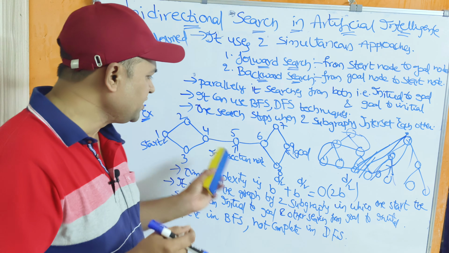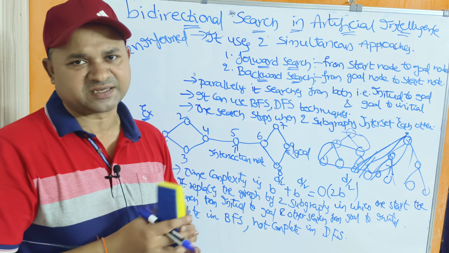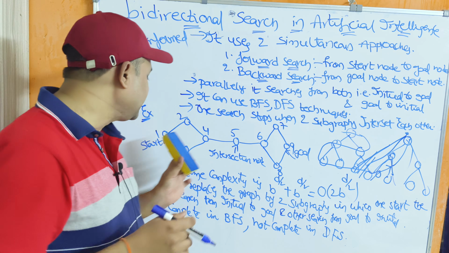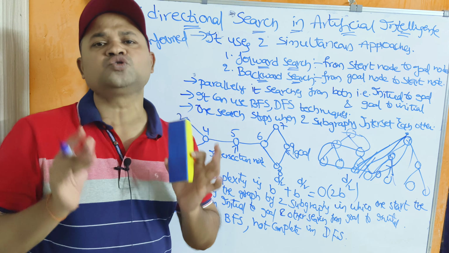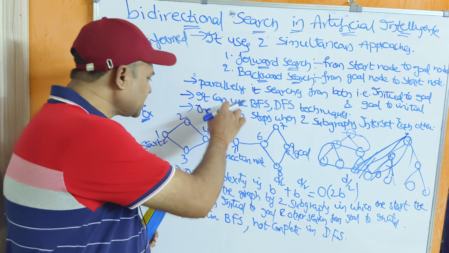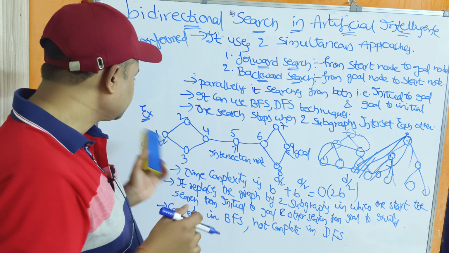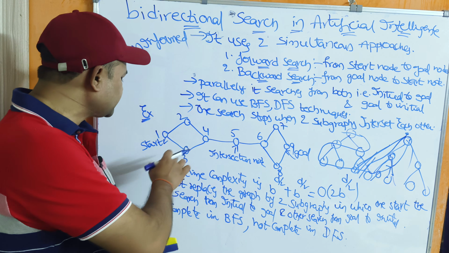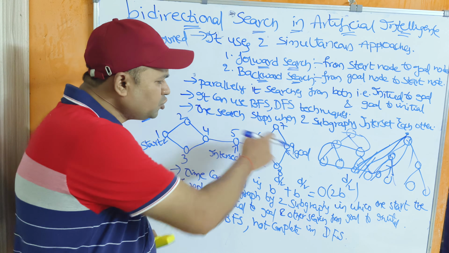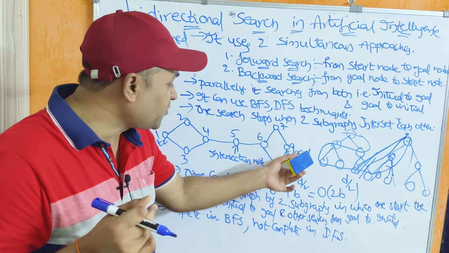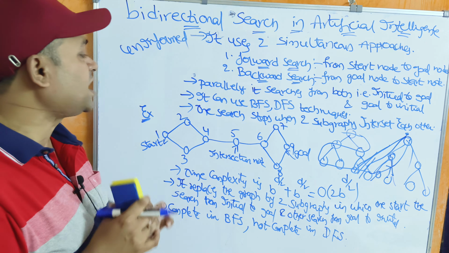So here we will have two searching processes. Initially the given graph is divided into two subgraphs. This is one subgraph and this is another subgraph. One search process will start from the starting node to the goal node. Another search process will start from the goal node to the start node.